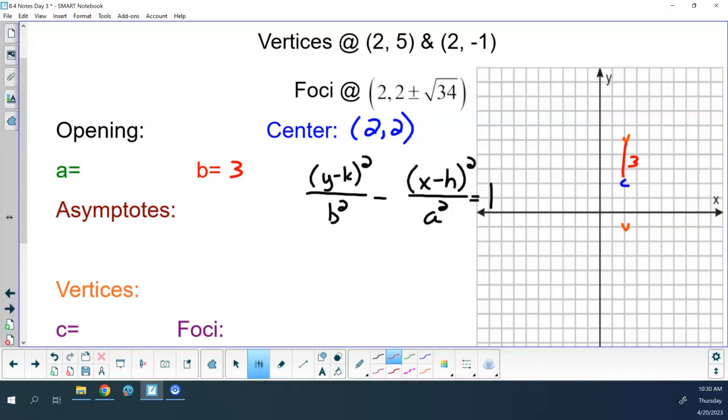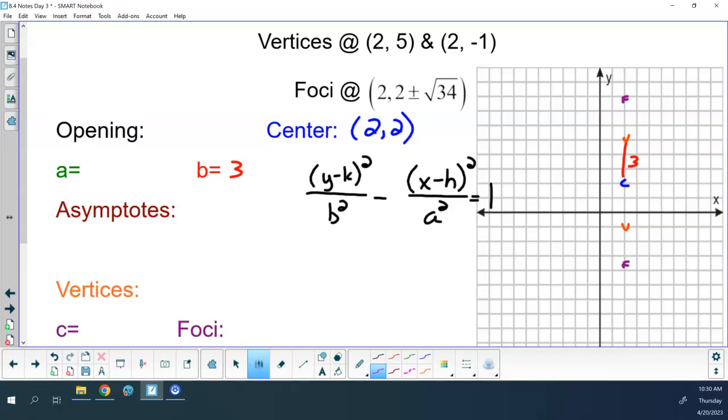Yes? Okay. Then it said that the square root of 34 is almost 6. 1 and 2, 3 and 4, 5 and almost 6. That would put my foci there.